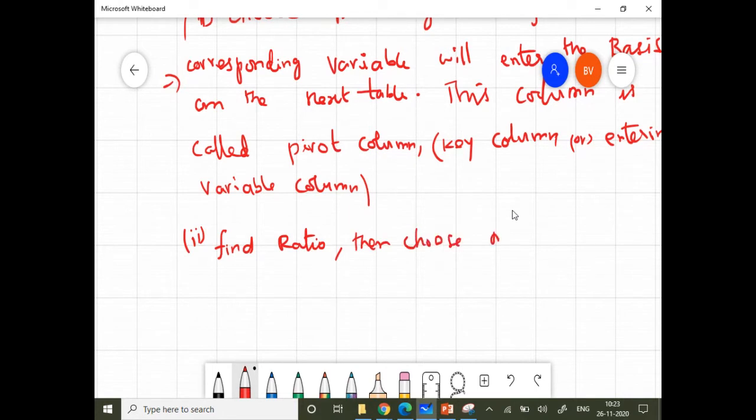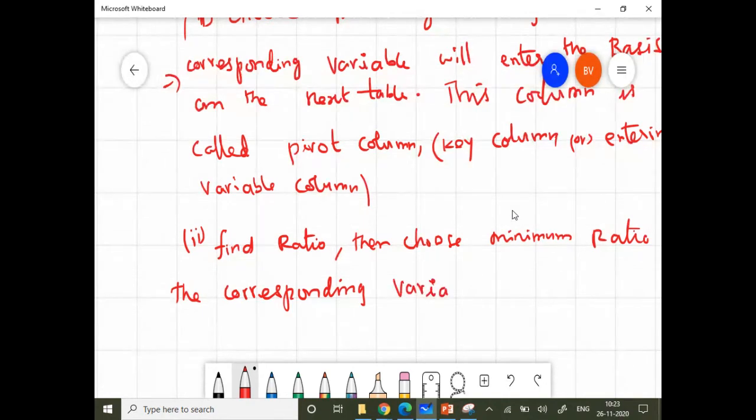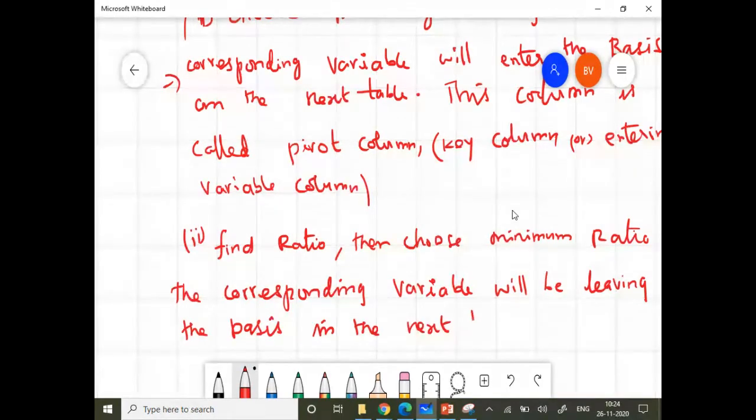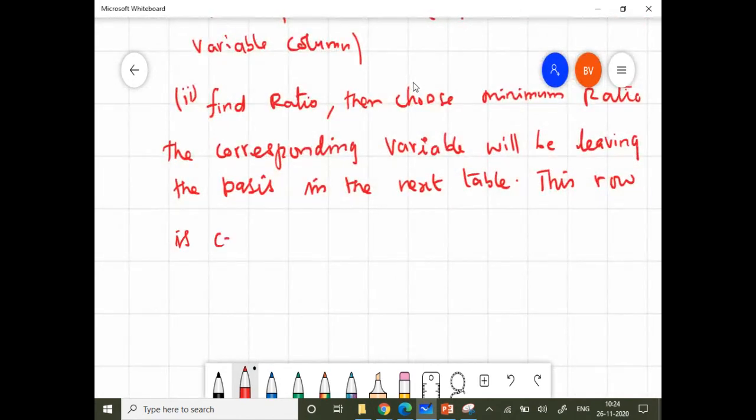Then choose the minimum ratio, and the corresponding variable will be leaving the basis in the next table, and this row is called the pivot row, key row, or leading row.